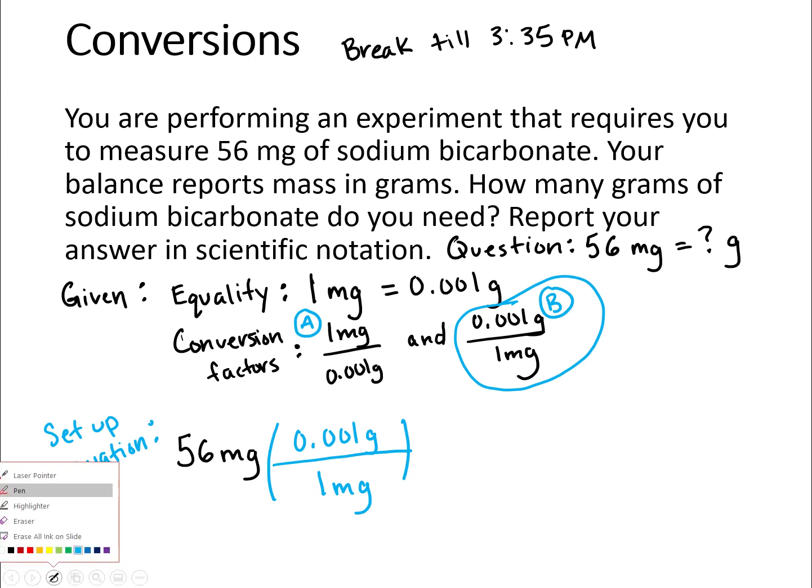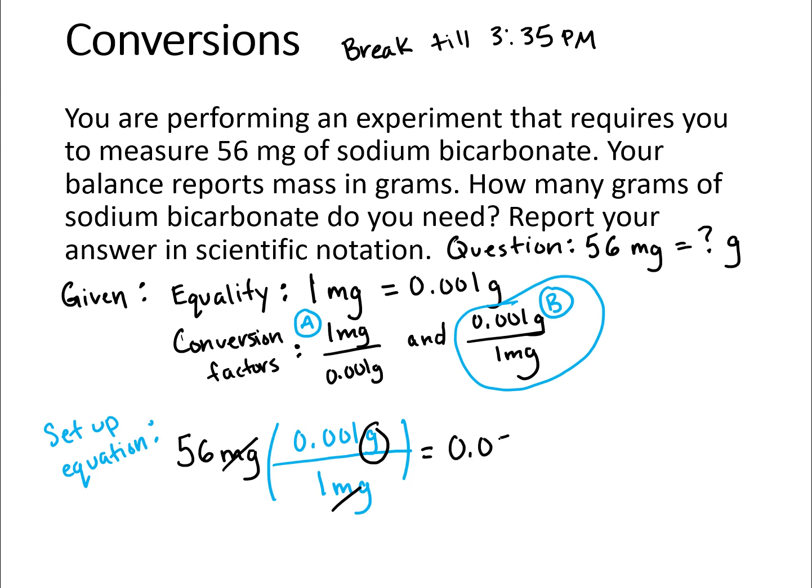I recommend that you go through and just make sure that your units actually do cancel and you're left with the unit that you want. So I canceled the milligrams, and that leaves us with grams. And that's what our question is asking. So always double check, make sure your units are what you expect them to be. Now you can touch your calculator if you so choose. When you put that into your calculator, it will tell you 0.056.